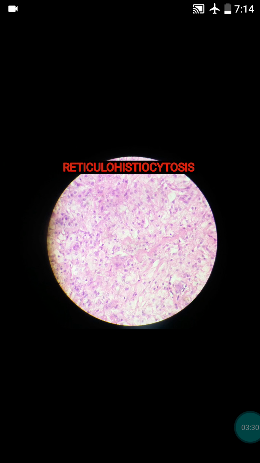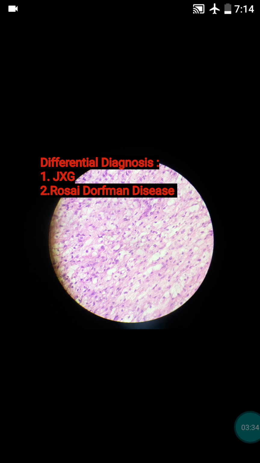Now, what can be the differential diagnosis of reticulohistiocytosis when such abundant histiocytes can be seen? You have to remember two important differential diagnoses: juvenile xanthogranuloma and Rosai-Dorfman disease. What happens in juvenile xanthogranuloma?